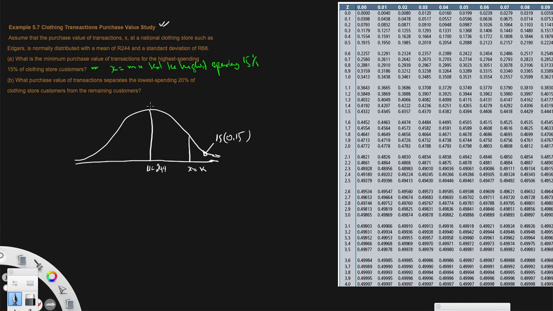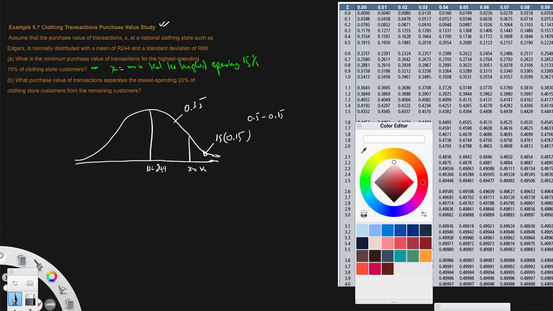And because this entire half is 0.5, if you do 0.5 minus 0.15, you know that here you have 0.35, which is here. And the line here is asymptotic, so we know that this can go on and on, but we are certain and sure of this area here. That's the probability. You understand that? This is the probability 0.35, and we're looking for this limit.